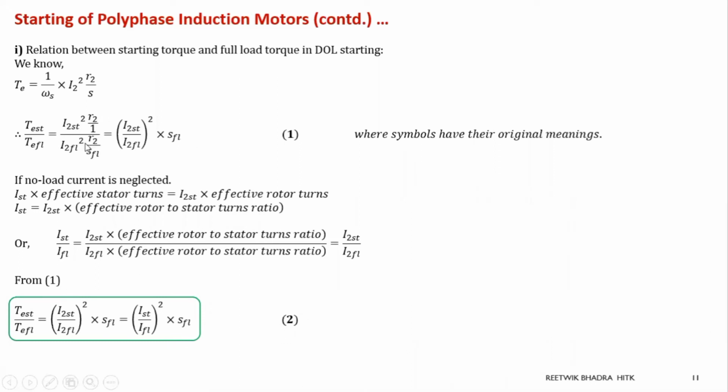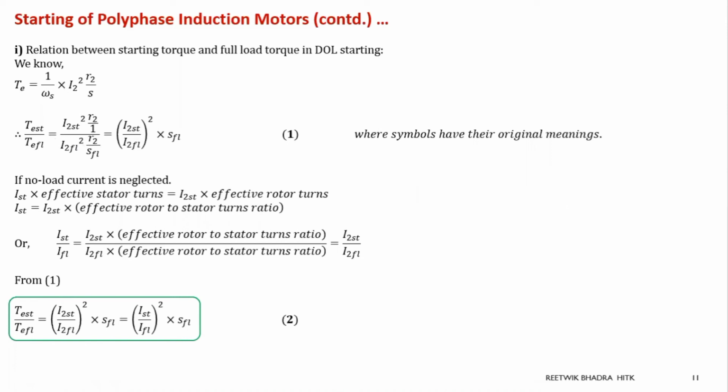Now this R2 cancels out, and this is a square term of current, so TST by TFL is I2ST square by I2FL square into SFL. You know the symbols, so I have not written their meaning anywhere. If no load current is neglected, since no load current is very small, we'll try to balance our MMF as we had done in the transformer.